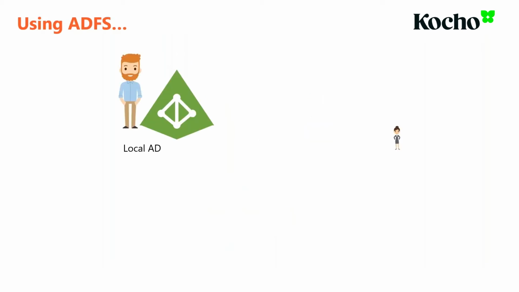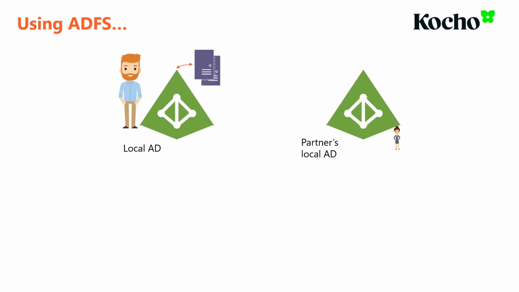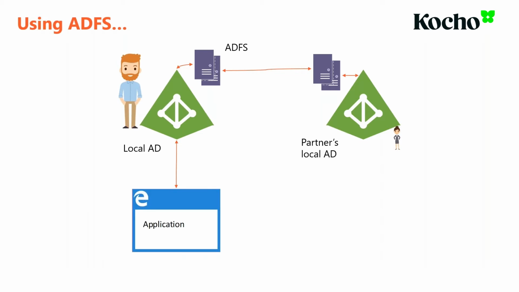So this problem has been solved in the past with ADFS, so Active Directory Federation Services. So this is a system whereby Angela's credentials stay in her TinyCo Active Directory. When she tries to access an application, she's bounced back to her ADFS server to log in, but then the local AD, the local resources, will control her access.